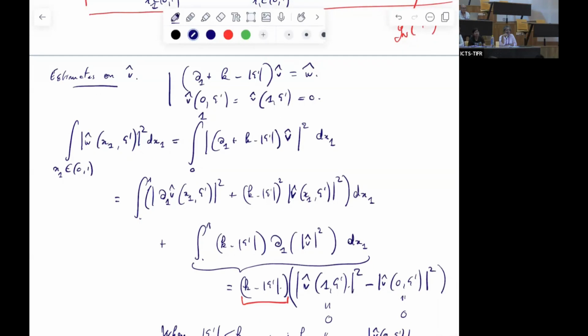Am I correct? Which is less than or equal to from the previous estimate? No, this one here is an identity. You are here at this step. And the next step comes with the plus, right? Yes, I'm just developing, and there is a cross product. That's all I'm doing, so this is really an identity here. Okay, no problem.